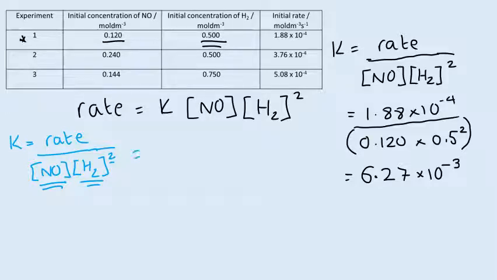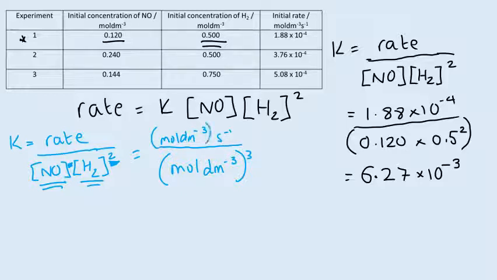So what we've actually got on the bottom is moles per decimeters cubed 3 times, because we've got 2 from here and 1 from here. Okay, so we've got moles per decimeters cubed to the power of 3 on the bottom, and on the top we've got moles per decimeters cubed per second. So we've got 1 mole per decimeters cubed on the top. We'll always have this on the top. It will always be rate on the top.